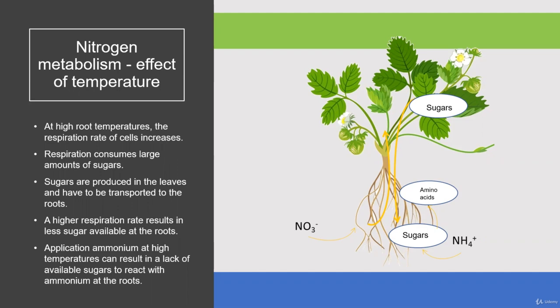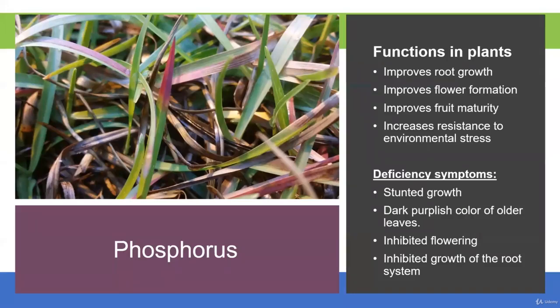And therefore, application of ammonium reduces the pH around the roots, while application of nitrate increases the pH around the roots. This is very important in soilless culture and hydroponics. The soil has more buffer capacity; it can resist changes, but still around the roots there are changes.